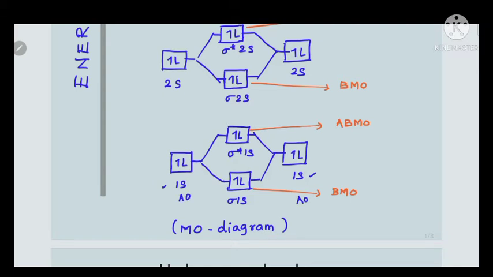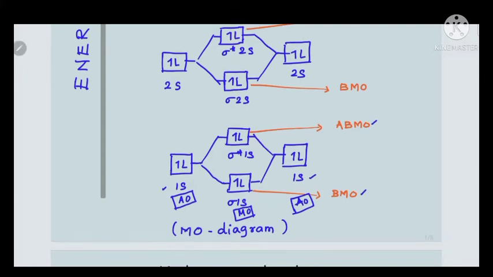What is written at the center, sigma 1s and sigma star 1s, are molecular orbitals. When atoms combine to form a molecule, atomic orbitals are converted into molecular orbitals. The 1s atomic orbitals give sigma 1s and sigma star 1s, one with lower energy, called the bonding molecular orbital, and another with higher energy, the anti-bonding molecular orbital.